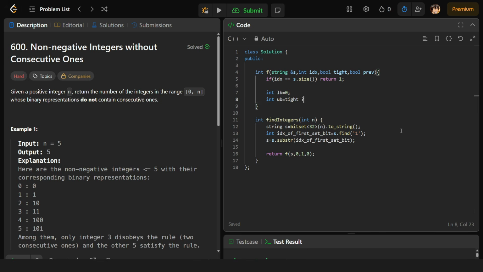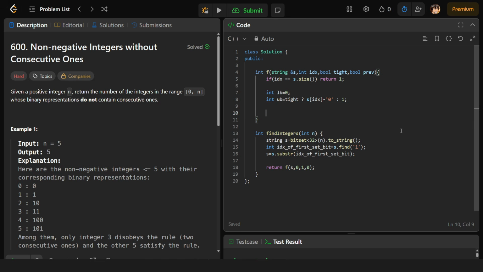If the value of tight is true, then we know that this can go up till s of idx minus 0, otherwise till the maximum possible value, that is 1. And now we have the liberty to select digits starting from this lower bound and going till this upper bound, increasing by 1 every time.